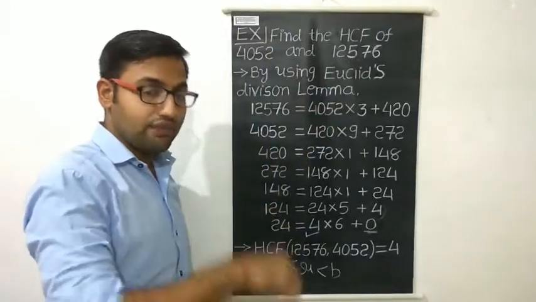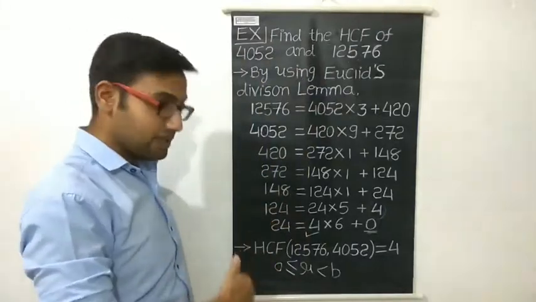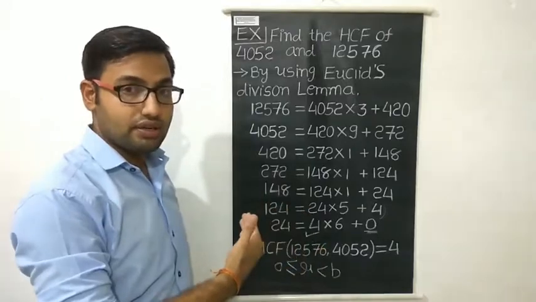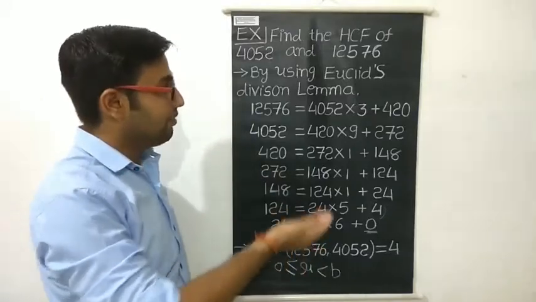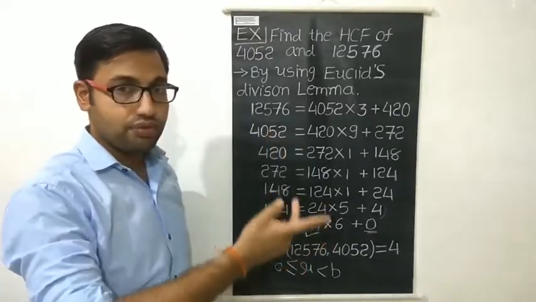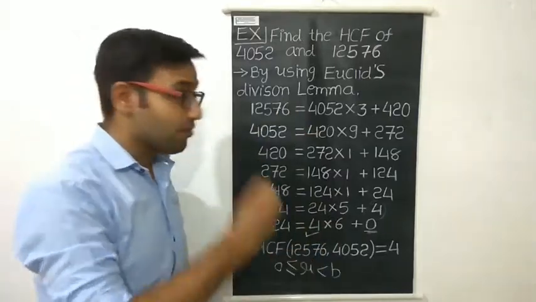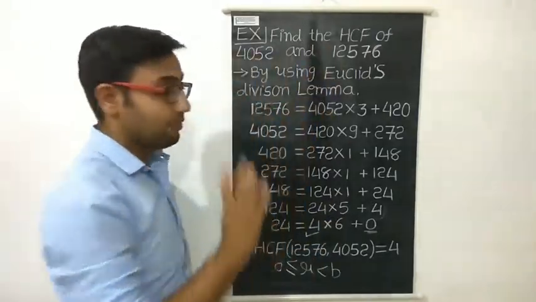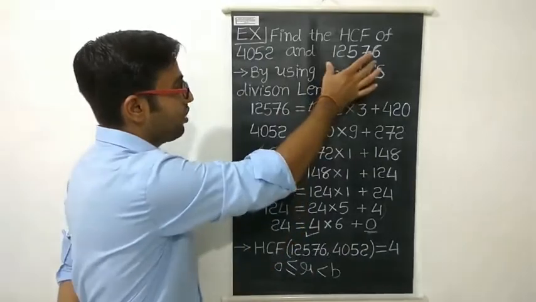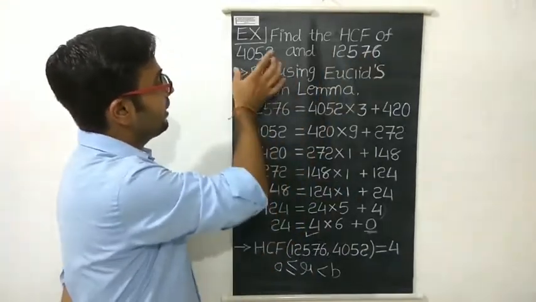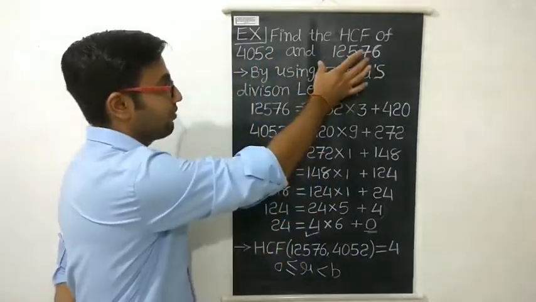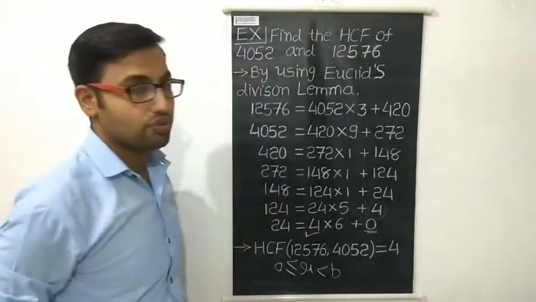Yes, that is a different thing, that whenever we represent any number by the division of two numbers, at that time these two numbers, greater or smaller, may be interchanged. But whenever we calculate the HCF, we have to take the greater number and then divide it by the smaller number.